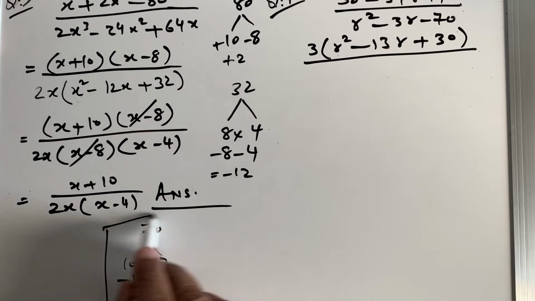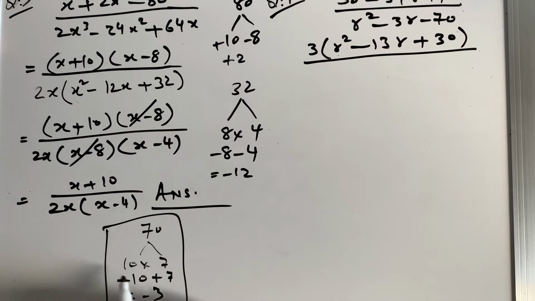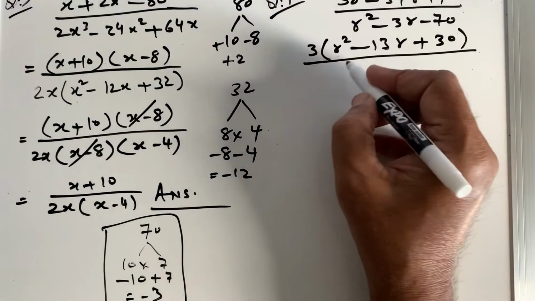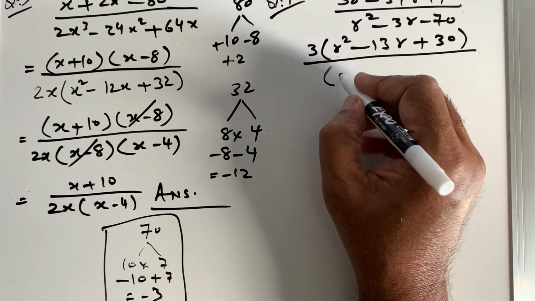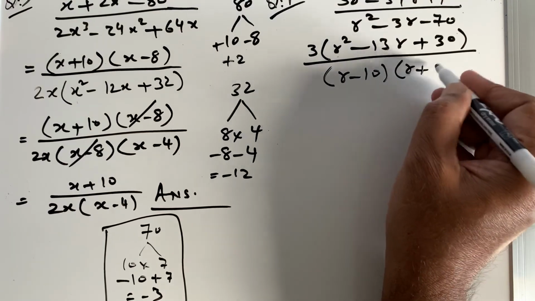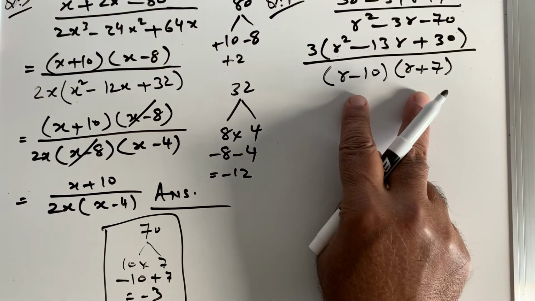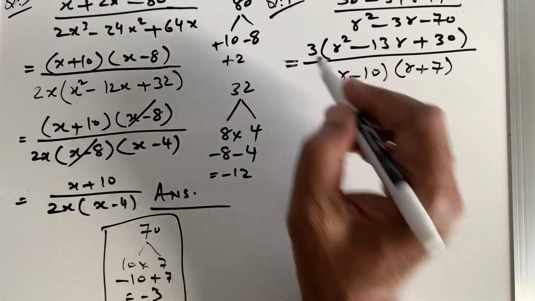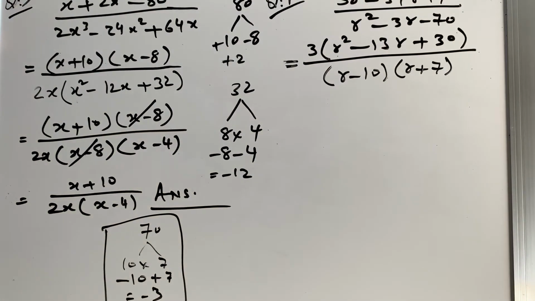So I have my required factors, which on multiplication give me 70, and on addition or subtraction give me minus 3. So my denominator can be replaced as r minus 10 and r plus 7. If you multiply these two factors, that gives you the same result. You just have to make sure that your factors are right.